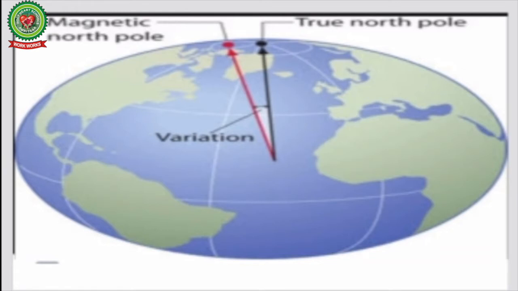Magnetic north is the north indicated by the needle of a magnetic compass. As you can see in this diagram, magnetic north is deviating from the true north. It deviates from the true north at an angle of 15 degrees. So it is generally drawn at a difference of 15 degree latitudes.